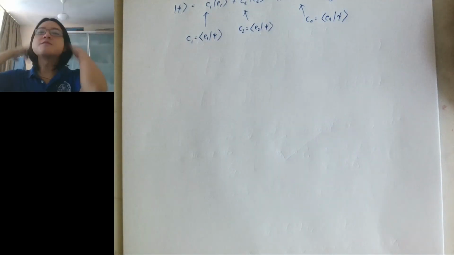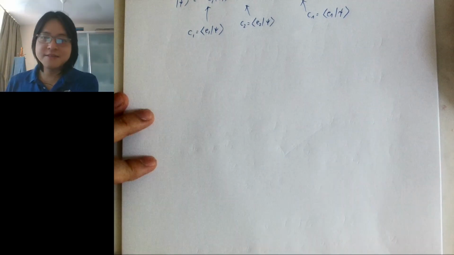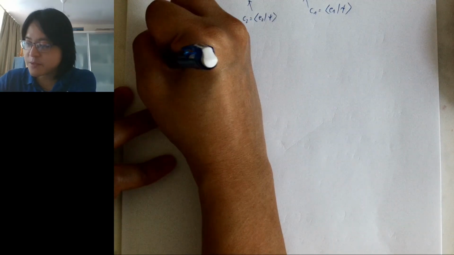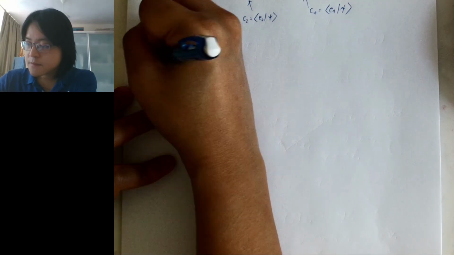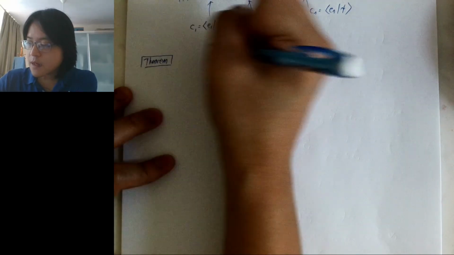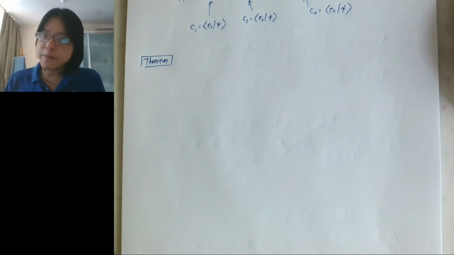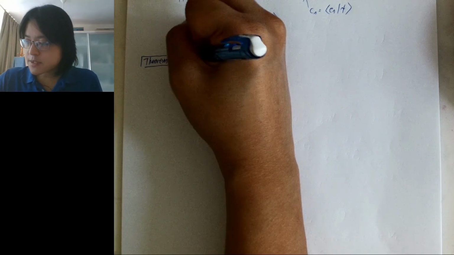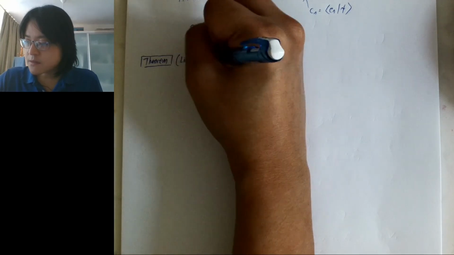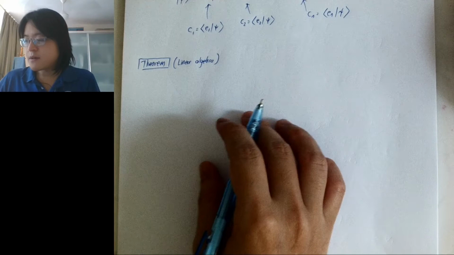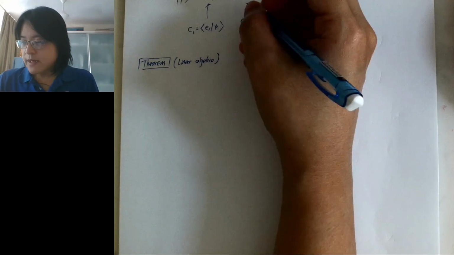Okay, so we are talking a lot about linear algebra. This is a theorem from linear algebra. I'm not going to prove it, but it is going to be useful here, so we're going to make use of it. I don't know whether you learn it in linear algebra 1 or 2, but it says the following.